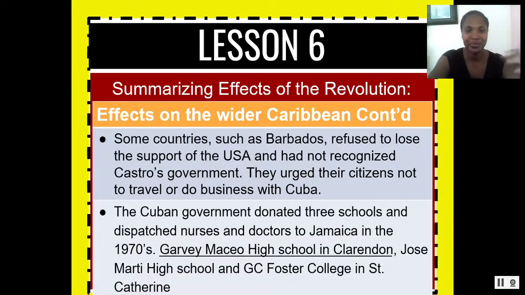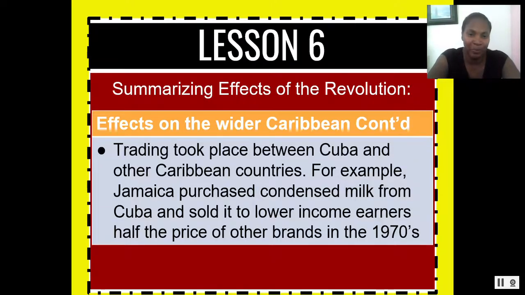Let's continue. So, as I had mentioned in passing, there was a blockade between the US and Cuba. And the US, of course, was also forcing other countries in the region not to do business with Cuba, not to have a good relationship with Cuba, because they felt that if they did, then Cuba could influence them to become communists and become enemies of the US.